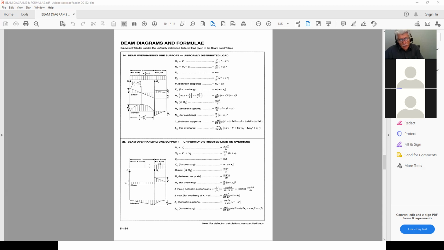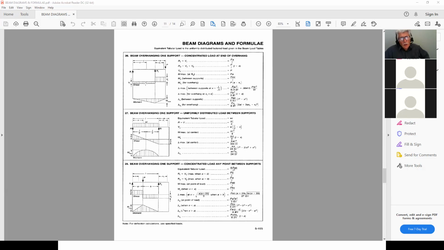If you have a concentrated load on the overhang and one in the middle, we'll use this one to calculate the overhang and this one to calculate the middle, and you combine them together. That's the nice thing about superposition: I can literally break down my loads into each one of these diagrams and then sum them all up and get my final results.